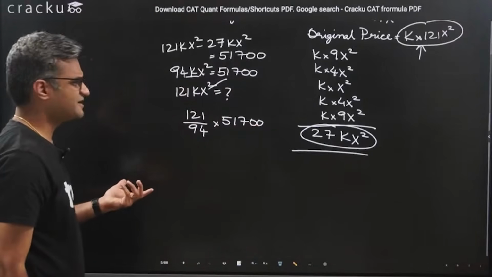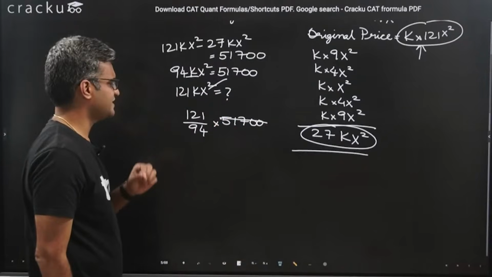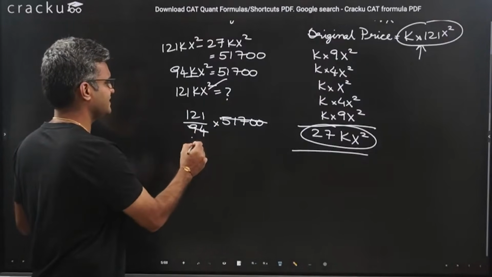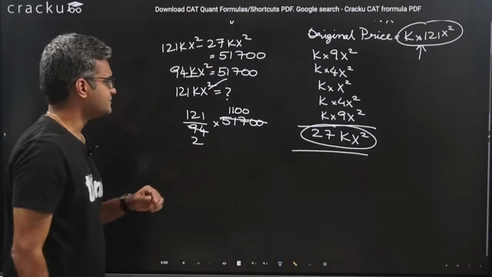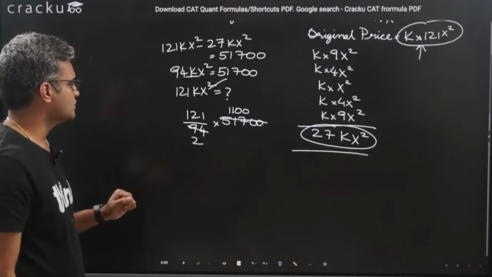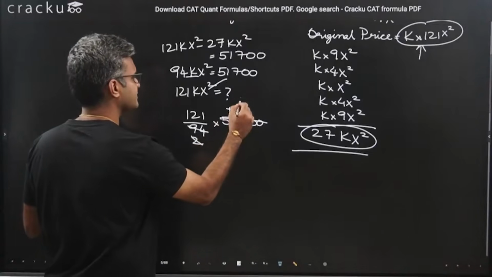You can use your calculator to figure it out. 51,700 divided by 47, I think, is equal to 1100, and 94 divided by 47 is equal to 2. So this will be equal to 121 into 550.